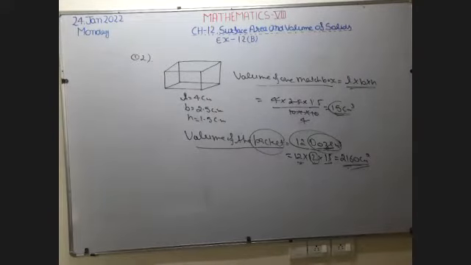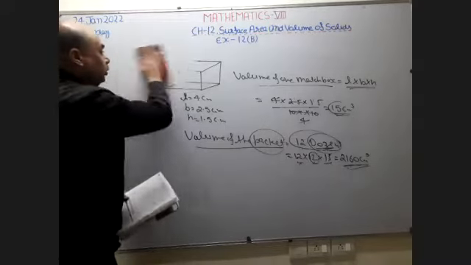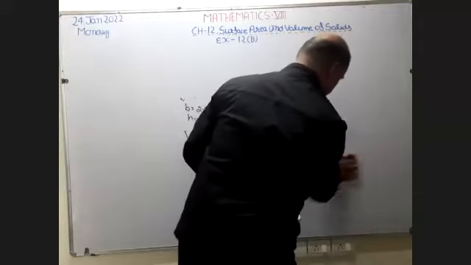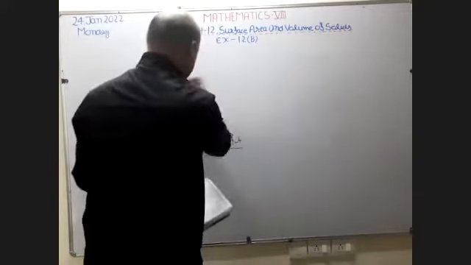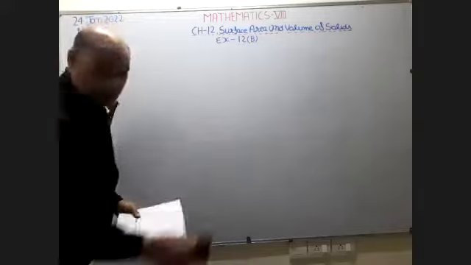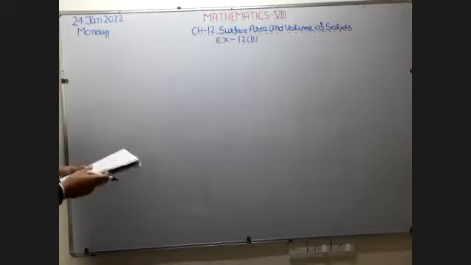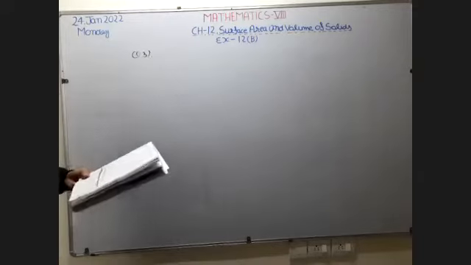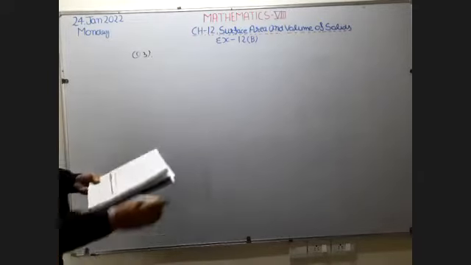Now check the next question, question number 3. What is given, beta? A cubical tank. Now one tank is given.